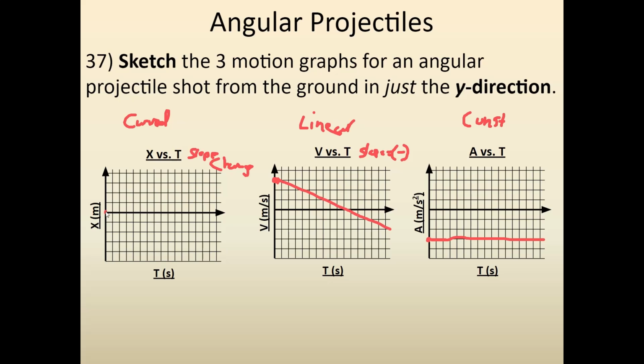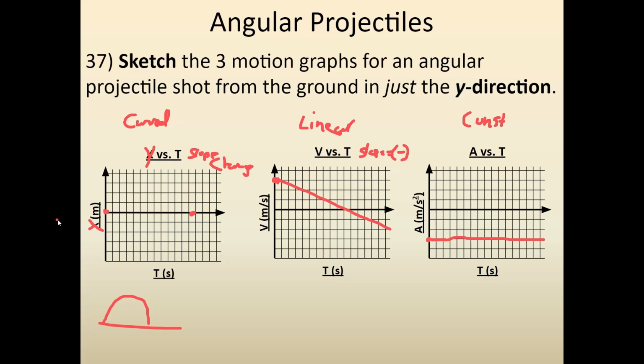So the initial position is going to be 0 like it usually is. Oh wait, this is in the y direction. So you know what? Let me actually change this to be y because this is kind of confusing right now. So initially it's going to start from the ground and then it's going to end up landing back on the ground. So eventually it will end up reaching 0 again. So I'm putting those 2 points here.